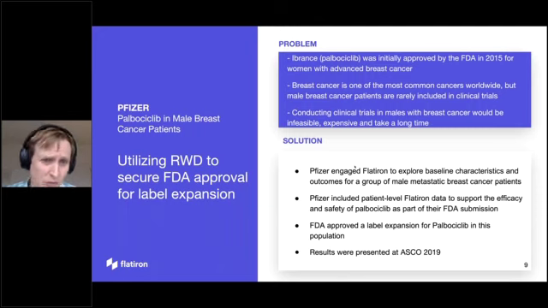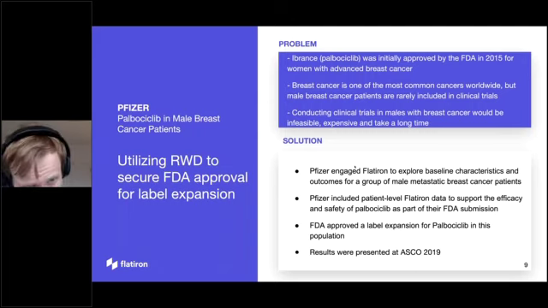Just to get background on this study, palbociclib was originally approved in 2015 for women with advanced breast cancer. And we know that breast cancer is very common, but male breast cancer patients are generally just not included in trials because they're a very different type of patient, and conducting trials on males alone would be very difficult to do.